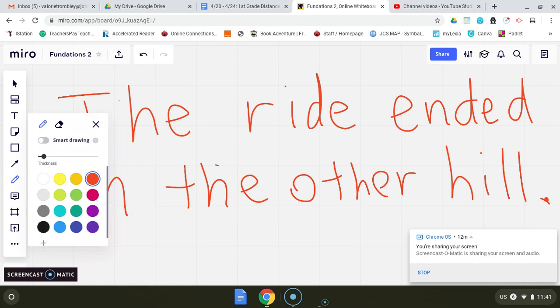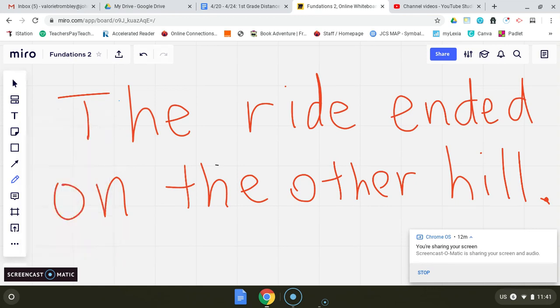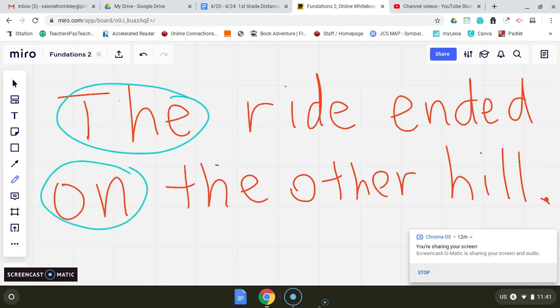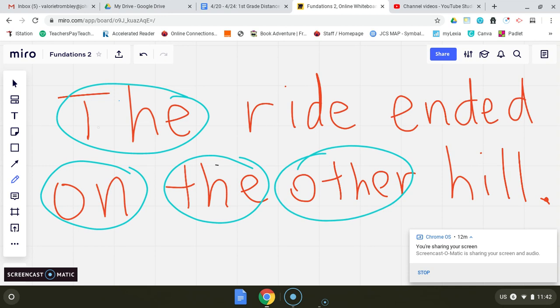I am going to change colors so you can see what I'm marking to make it a little bit easier. The is a trick word. On is a trick word. The, other, all trick words. Ride has a silent E. It tells the I to say its name, and it is vowel consonant E.